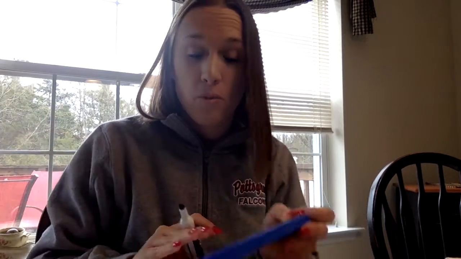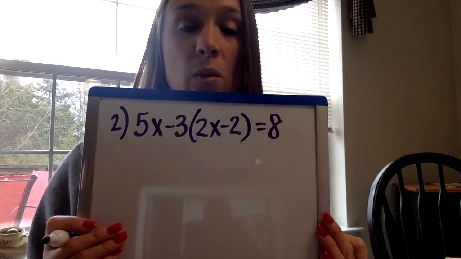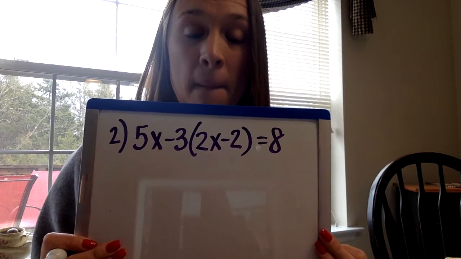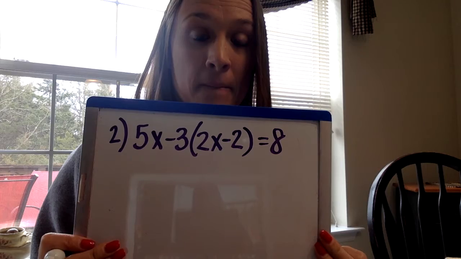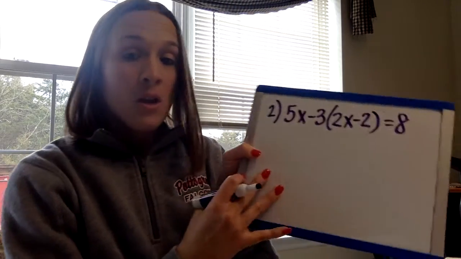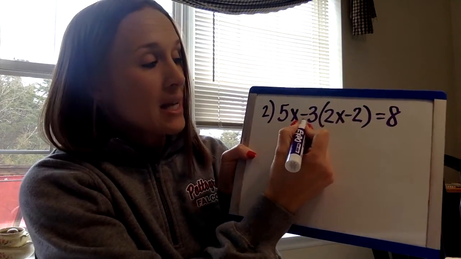My fault. All right, so it's 5x minus 3, parenthesis 2x minus 2 equals 8. If you ever need to pause the video because you're writing stuff down, just pause it if I'm going too fast, and then you can push play. All right, there's our second equation. So now we got 5x minus this.